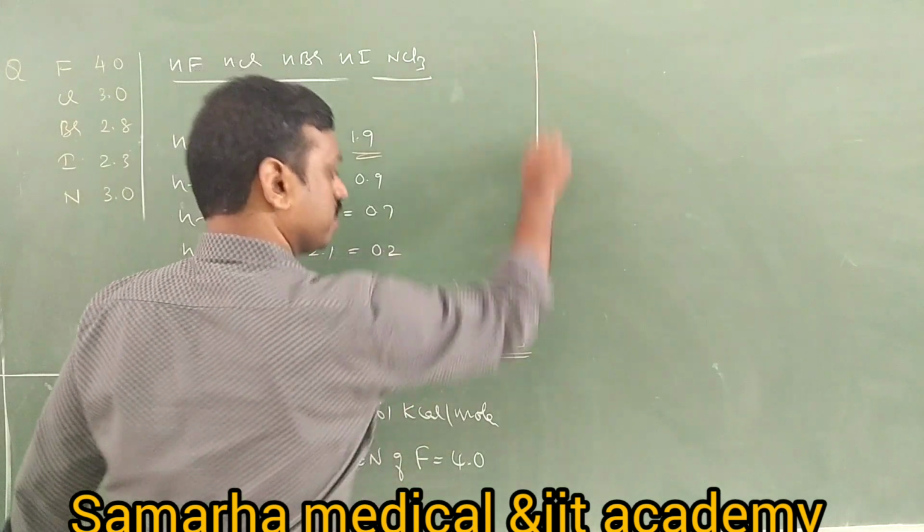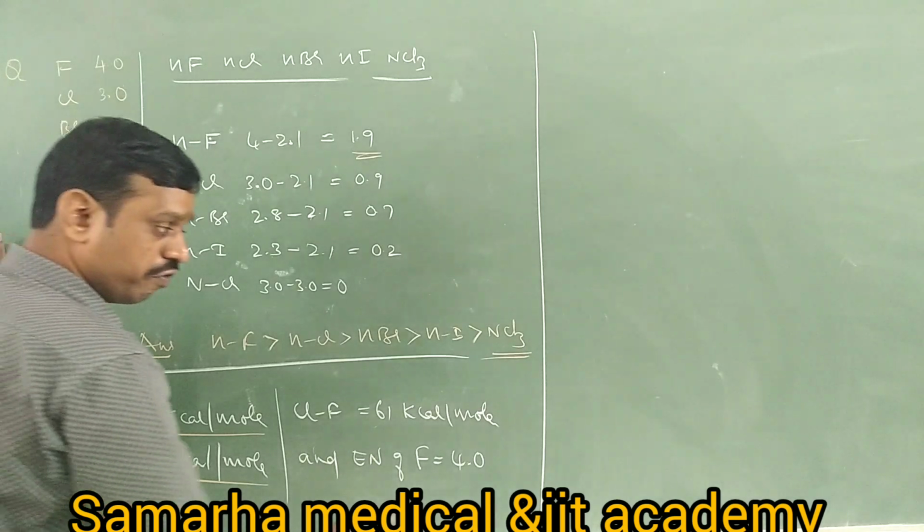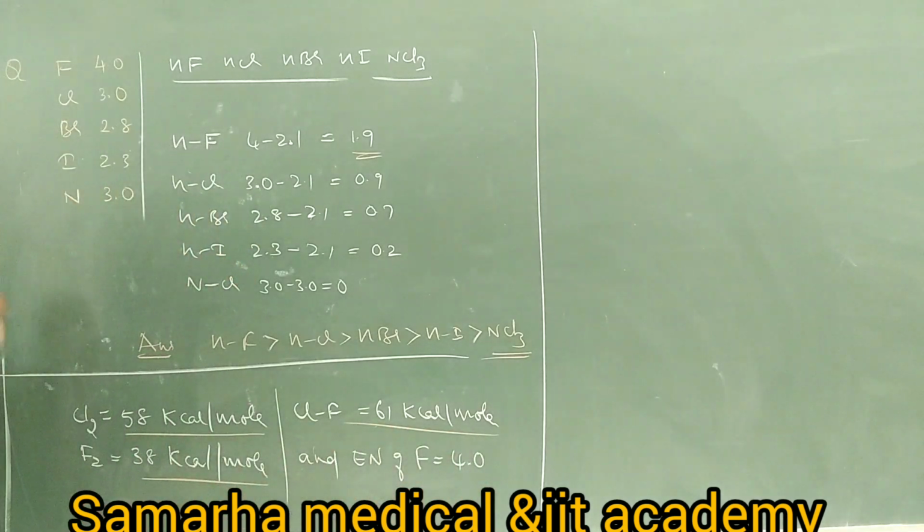So what you have to calculate is the electronegativity of chlorine. You know the value, that is 3.0, but if they give some other element, X or A or B, how do you calculate? It's very simple. They have given bond energies, so which scale can be used, Pauling or Mulliken?